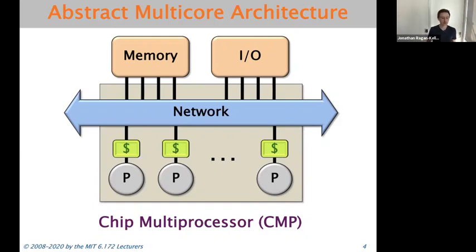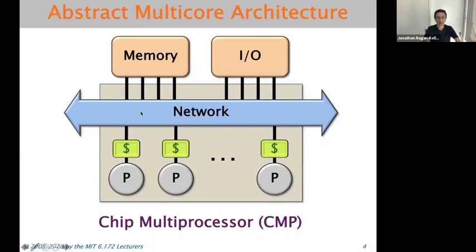Abstractly, it's something like this. So we have multiple processor cores. Those are each of the Ps that we have here down on the bottom. Each of those cores potentially has its own cache memory. Those are basically just like the caches that we've been talking about up till this point. But to connect all these together into one large machine, we have some kind of a network.